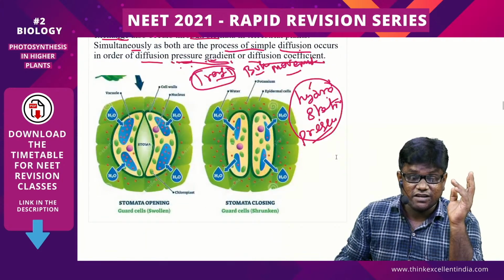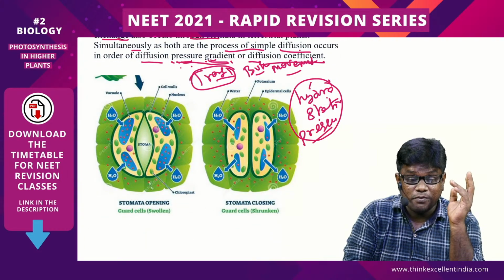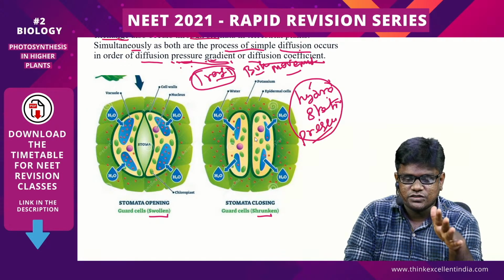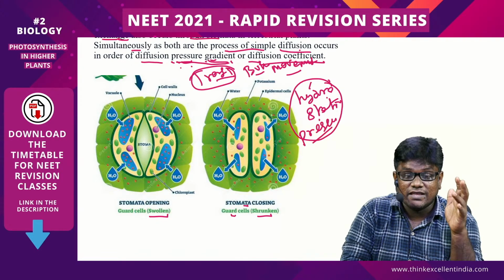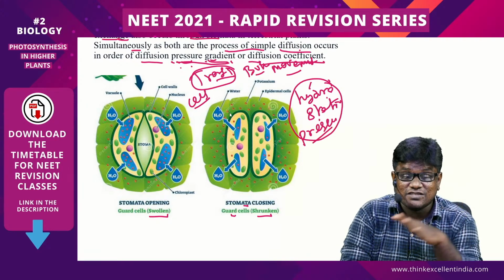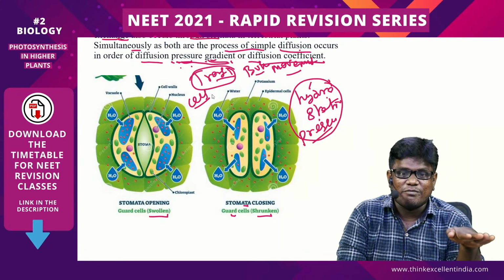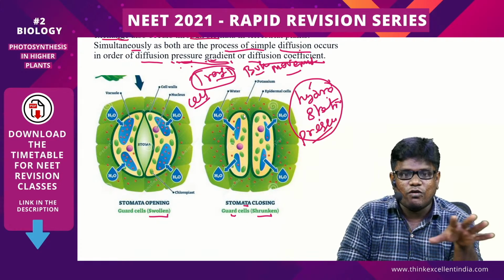You can see the structure very clearly. Here the stomata is getting open. This stomata open is called swollen, and shrunken stomata is closed, stomata closing. These are the guard cells surrounding it. Here you can see the water and molecules. This is the normal cell of the plant present in the epidermis region of the leaf, containing all the normal cell organelles inside it, so don't worry about that.